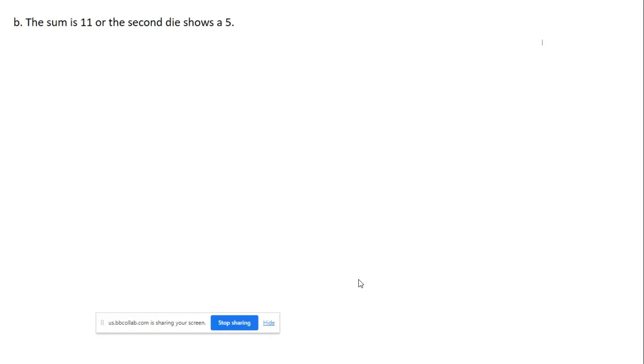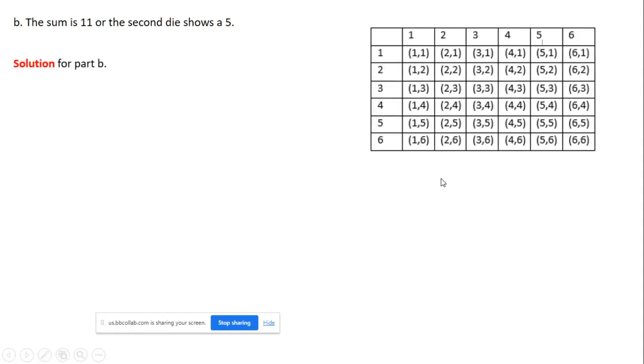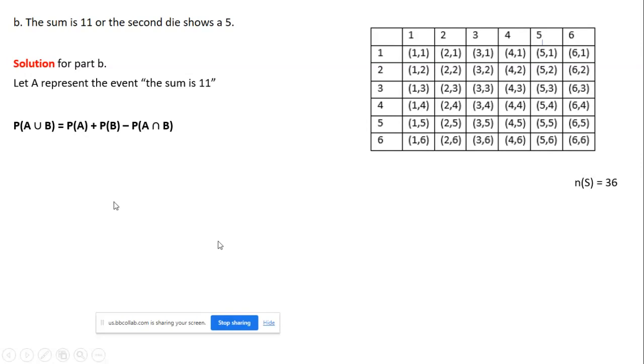The sum is 11, or the second die shows a 5. So I believe he used this grid again. Okay, so let's use a grid to show what we need to do. Again, we're using the same formula here. So let's represent A as the sum is 11. We only have these two values where our sum is 11: 6 and 5, and 5 and 6.